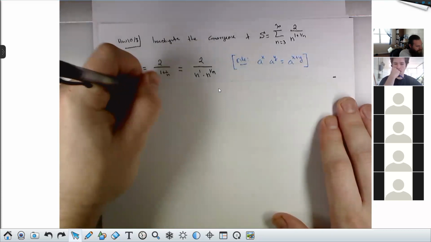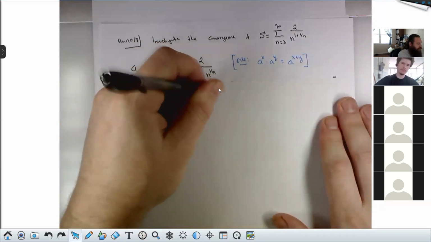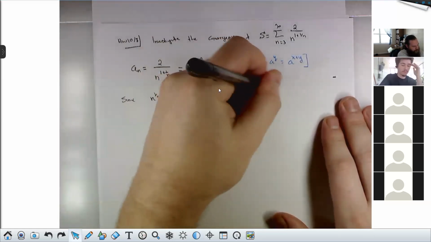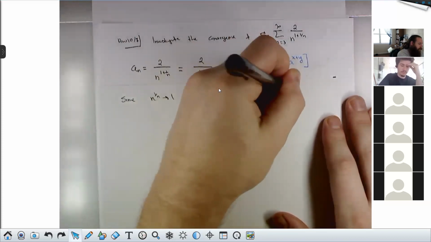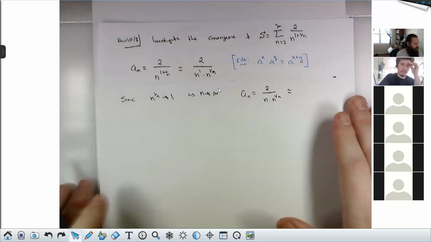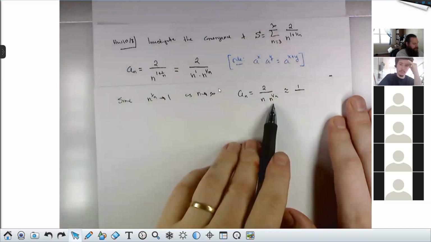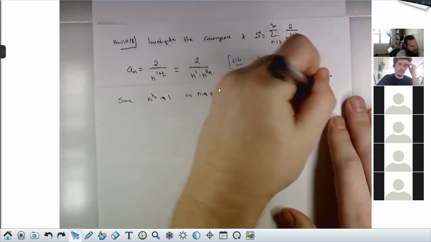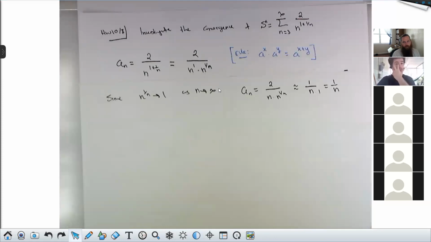Since n to the 1 over n goes to 1 as n goes to infinity, I would say that this a_n, which is 2 over n times n to the 1 over n, is a constant divided by, this piece goes to 1, so I would just say it's asymptotically like 1 over n times 1, or just 1 over n. So again, the thing against which we will compare is the 1 over n series, the harmonic series.